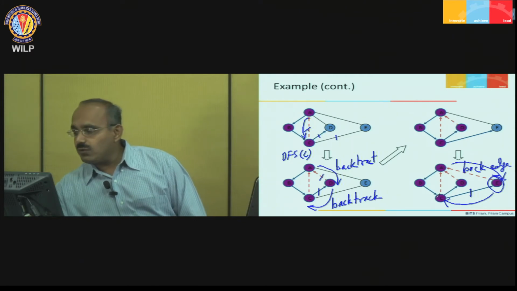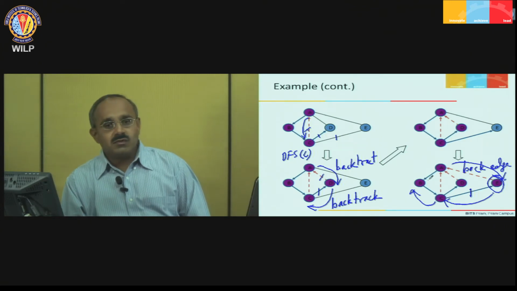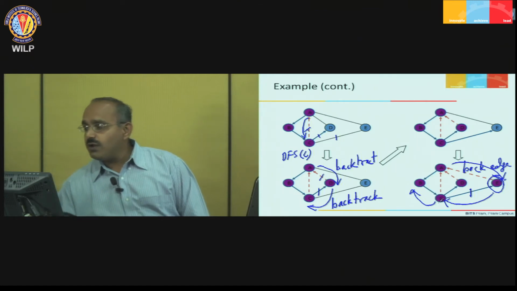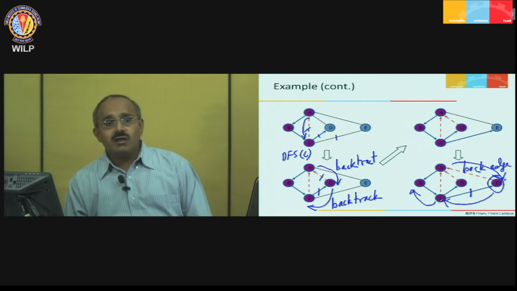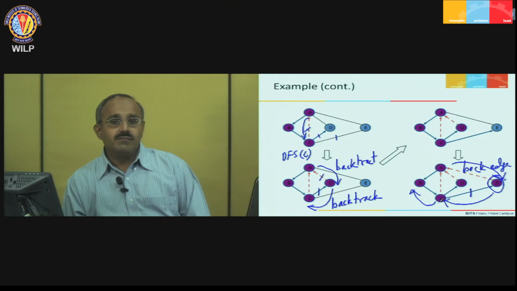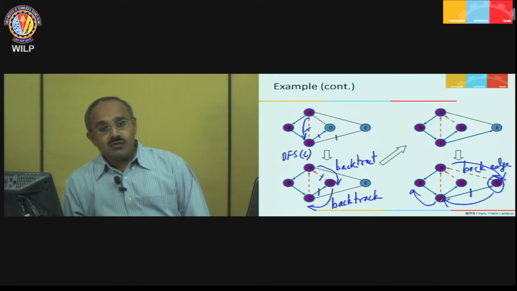So, we backtrack to B to check whether there were some unexplored edges left incident on B, which were not explored. From C we are going to B, but not to D, because at C we have reached from B. So, we will go to the point from where we originally reached C. So, we will go to B.